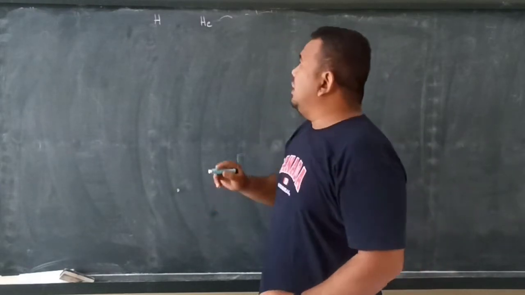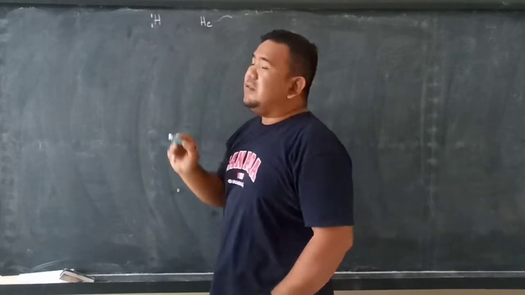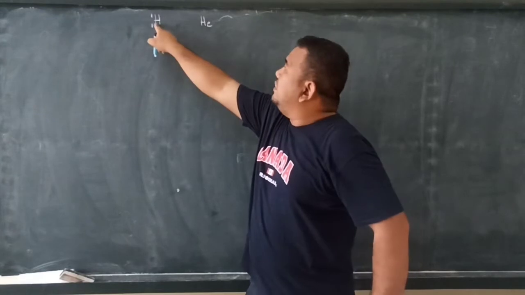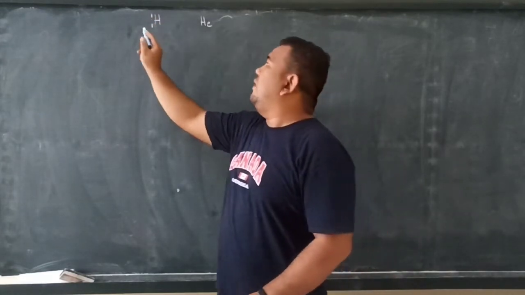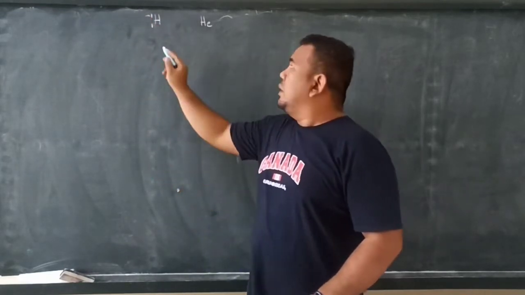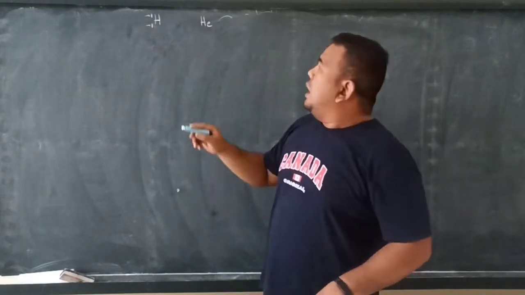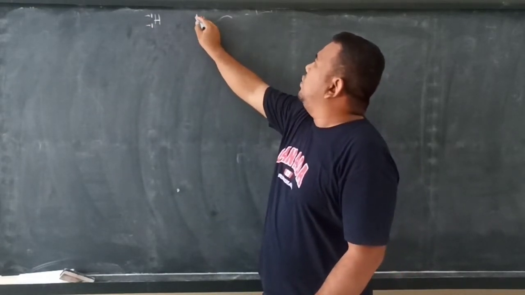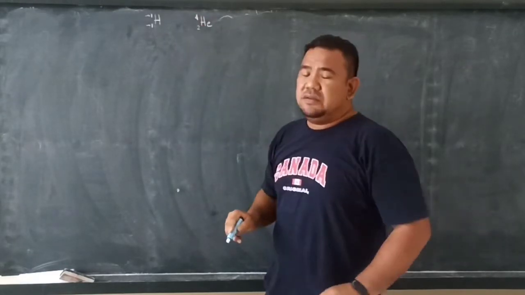So hydrogen has this element, this symbol, the atomic symbol. The superscript signifies the mass number, and this one is the proton number. And your helium has 4 nucleons and 2 protons.